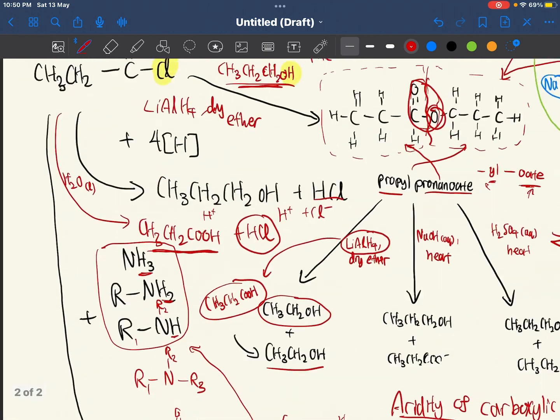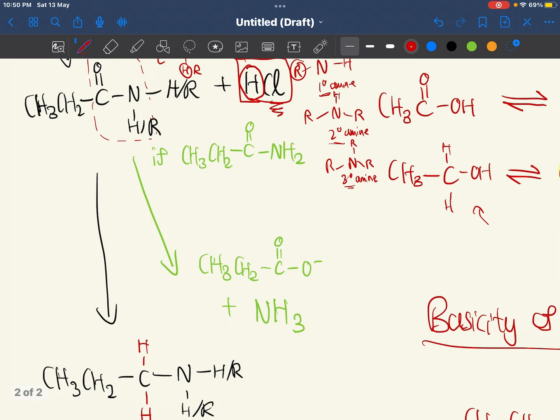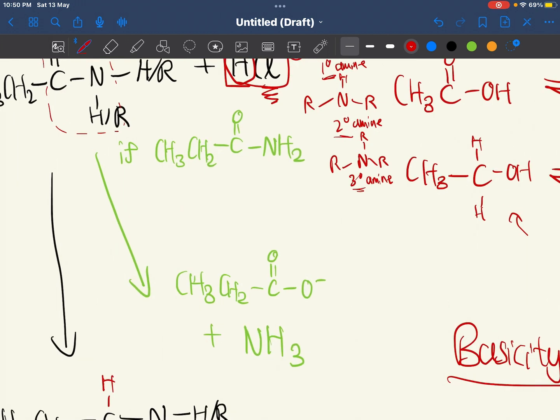Okay, so now from amide we can actually do this reaction here. If we have this amide, which is formed from NH3 and our propanoyl chloride, sorry, we can do a distinguishing test between this compound and, for example, a primary amine. How can we distinguish?